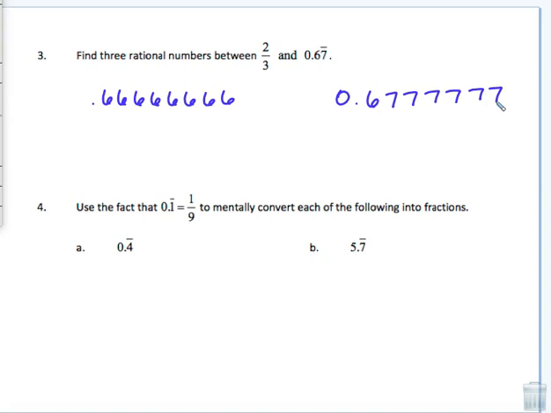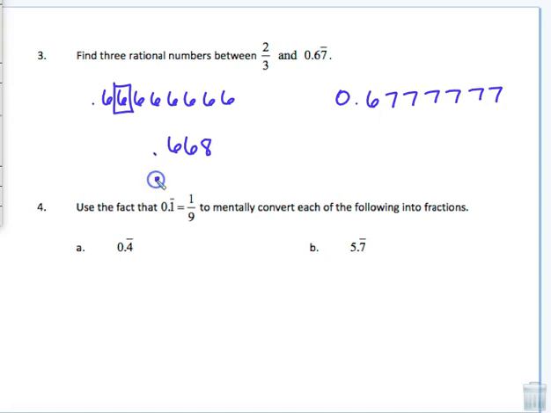So if I think about, obviously it's going to have to start with decimal 0.6. The second number has to be larger, or it can be 668, that would work. If I have 668, that's between 2/3 and 67 with the 7's repeating. That one would definitely work.